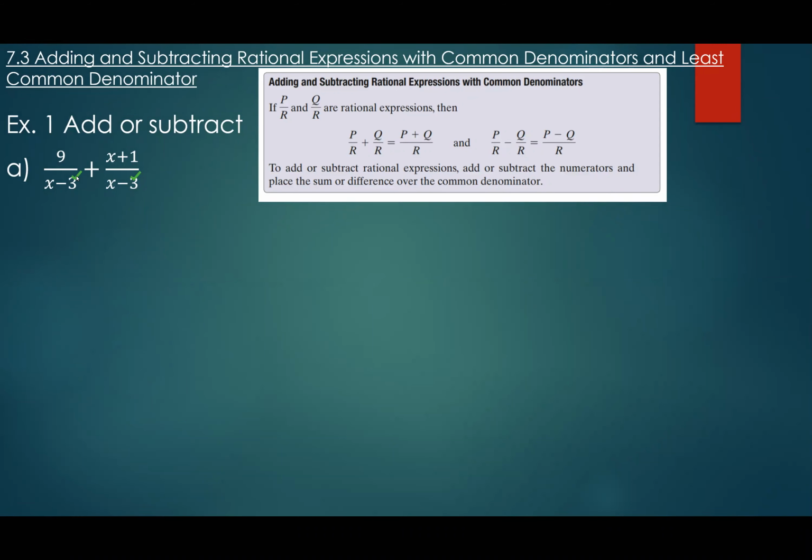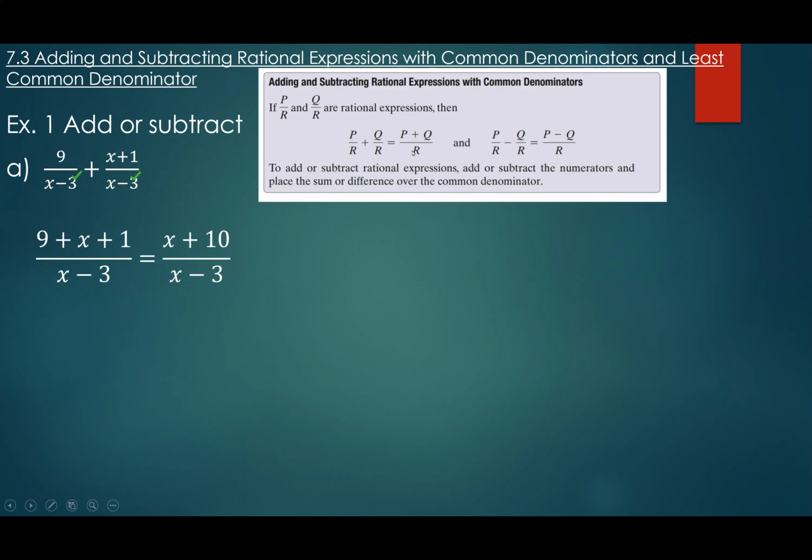Do we have a common denominator, which in this case we do? If we do, all you do is combine the top and keep the bottom, right? Same common denominator, keep the denominator and add the top.